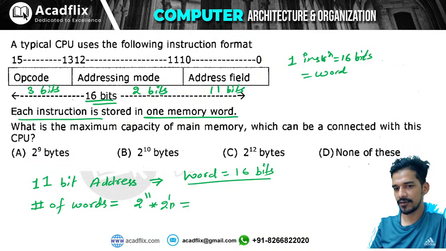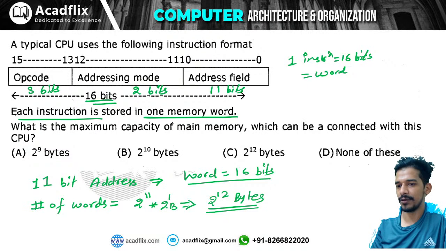So the size of the memory in bytes will be 2 to the power 12 bytes. If you find this in words, the number of words will be 2 to the power 11. So the memory is something like this.